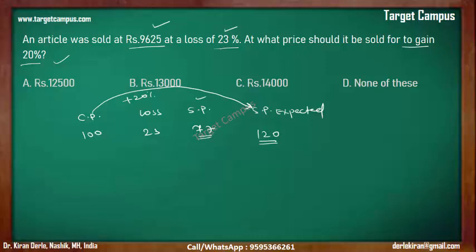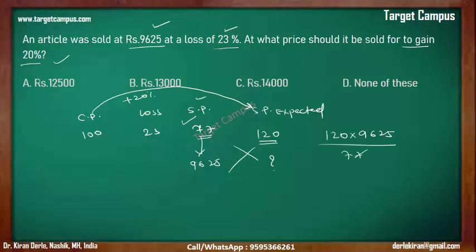What is given to us is 9625, that is the selling price when the article was sold at 23% loss. So 77 is equivalent to 9625. What should 120 be equivalent to? It becomes very simple, guys. So 120 into 9625 upon 77.